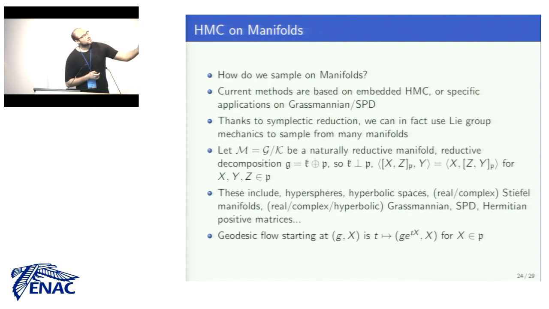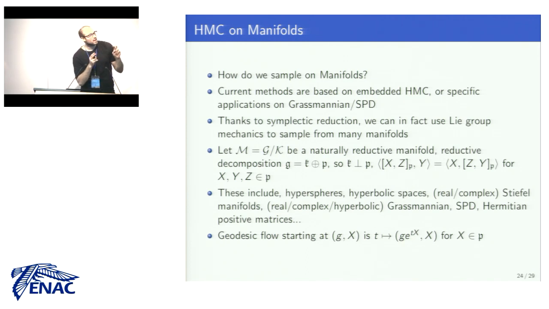The reason why you want to assume it to be natural reductive rather than just homogeneous is because of the geodesic flow. So for natural reductive homogeneous spaces, you have a very nice complementary subspace P, where K is the algebra of big K, which is essentially all you're going to actually need. And you only need to compute the geodesic flow starting at a point with a velocity in P, which are of this form.